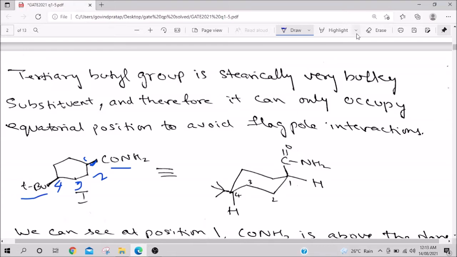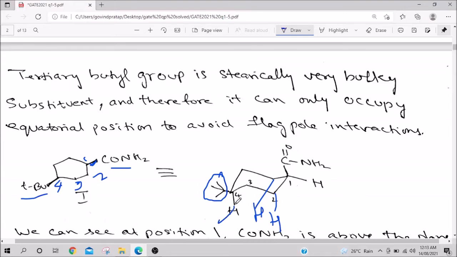Another important thing we have to think about is that this tertiary butyl is very bulky. It will not ever exist in axial position, because in axial position it faces a lot of 1,3 diaxial interaction. These two hydrogens create hell for it.